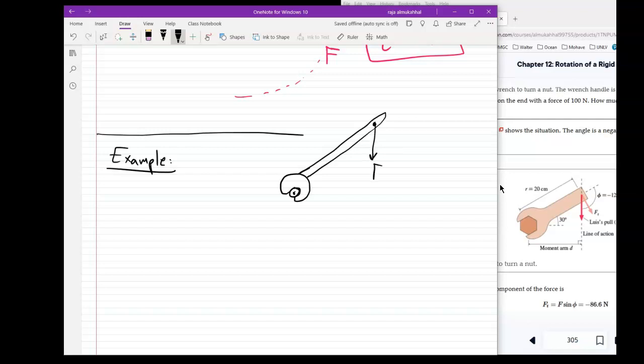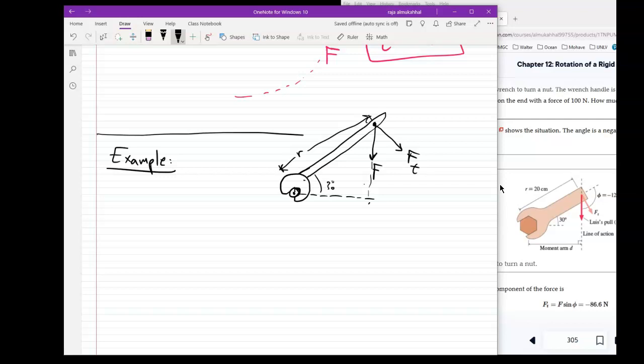This is the force. And of course, like we said, it's a must that the force be perpendicular. So this is the one we are interested in. And the radius, of course, is here. The number is given to us. So what I have here is something like this. This is 30 degrees.